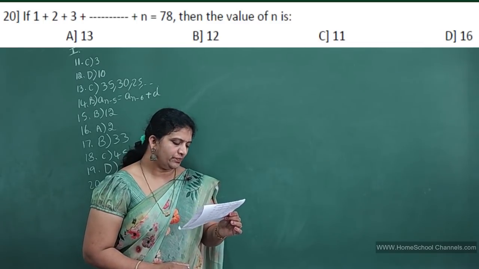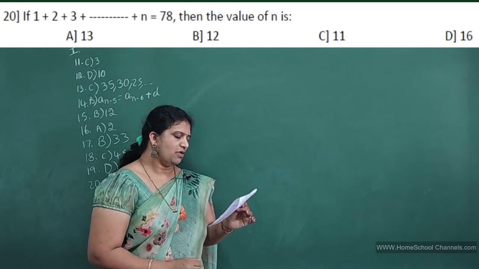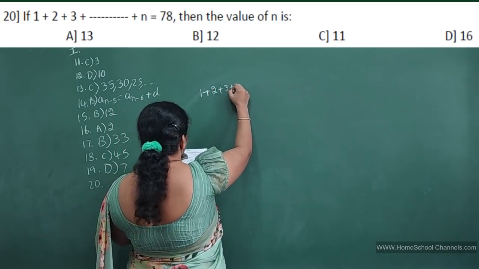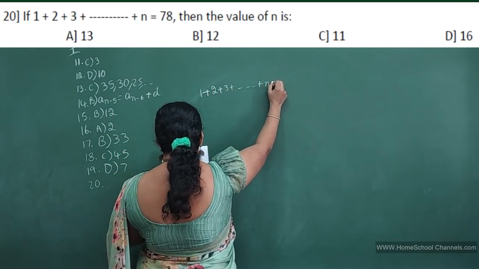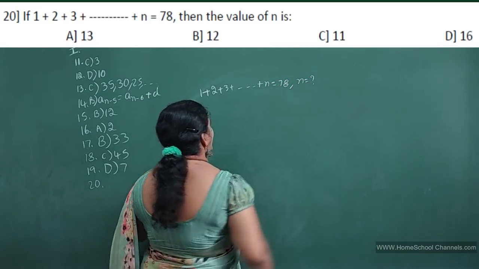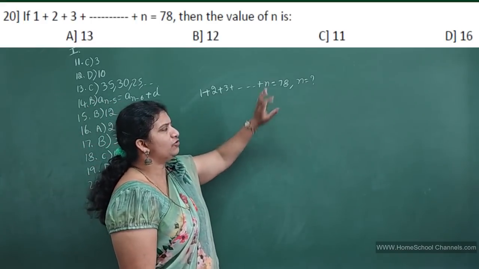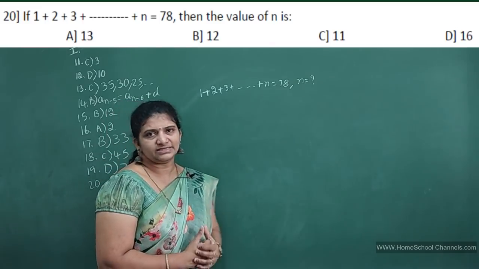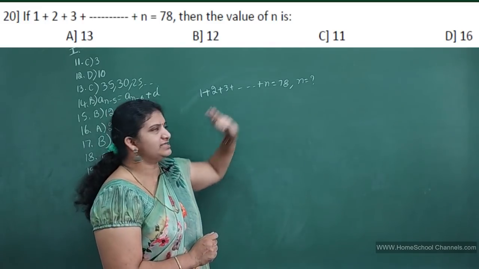Last MCQ, 20th one: if 1 plus 2 plus 3 plus so on plus n is equal to 78, find the value of n. They are asking to find the value of n. So, n might be the last term. That means an value is n.